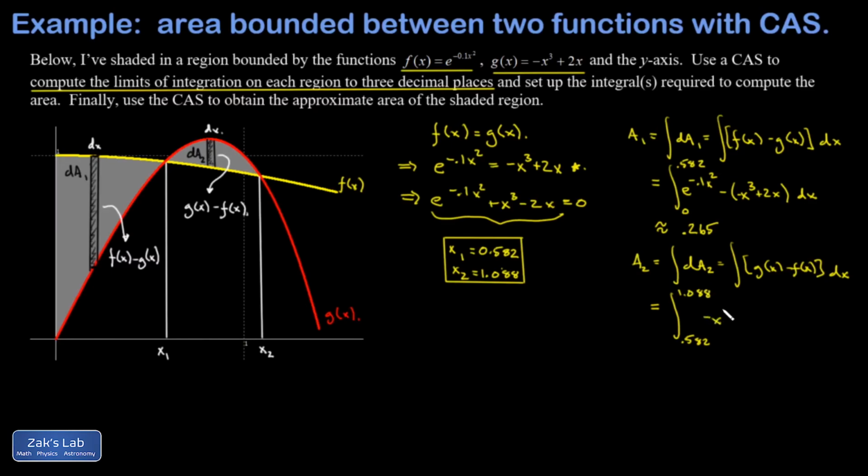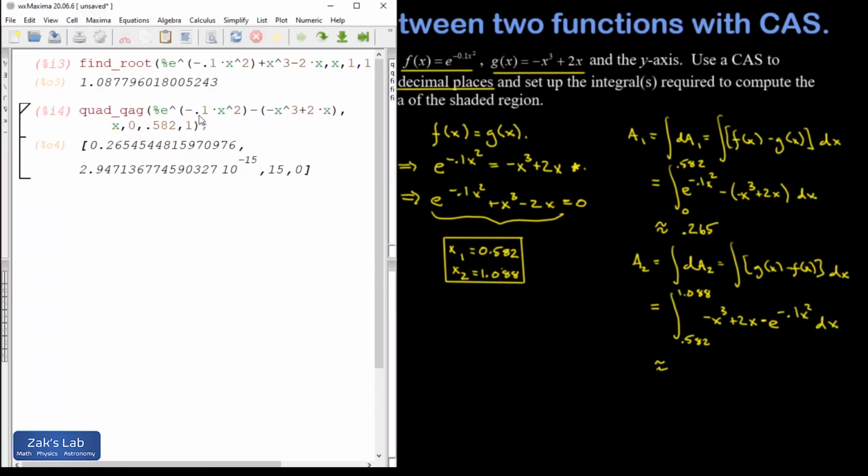I plug in my functions, negative x cubed plus 2x minus f of x, which was e to the negative 0.1 x squared. And I want to point out here that we can save some time by realizing that this integrand is just the negative of the one before. So I can just put a minus sign in front of the percent e and change the minus on this second part to a plus, and we've got the correct integrand out of this.